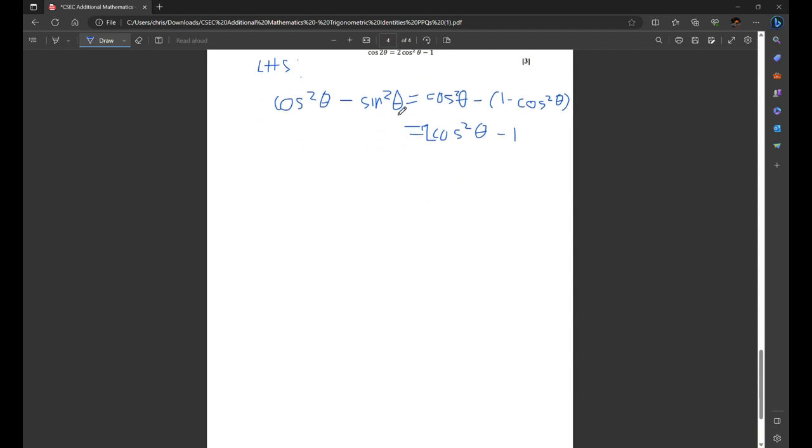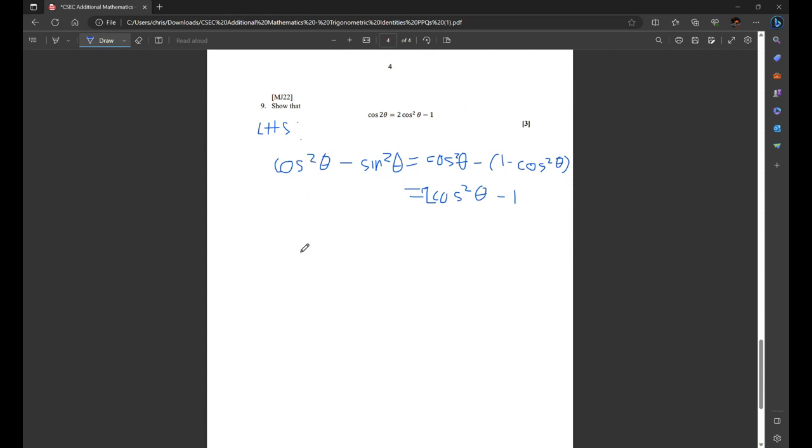So I'm going to show you the other identity now that comes from this cos squared minus sine squared, and that's the 1 minus 2 sine squared theta. Again, it's similar. You just rewrite the cos squared theta as 1 minus sine squared theta, again using the Pythagorean identity.